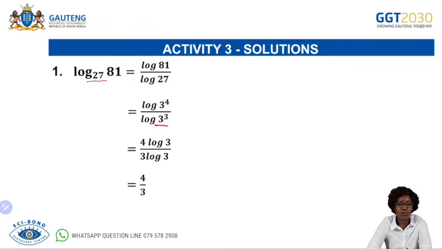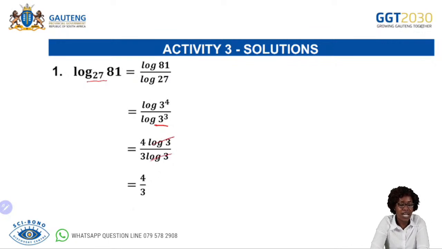Then I'm sure you saw the funny picture that I had waiting for you on the right hand corner. It was just to remind you, grade 11s, that if you have an exponent, you can bring down the exponent and multiply it by the log. But now you already know that even if you do that, you'll end up dividing the log 3 by the log 3.